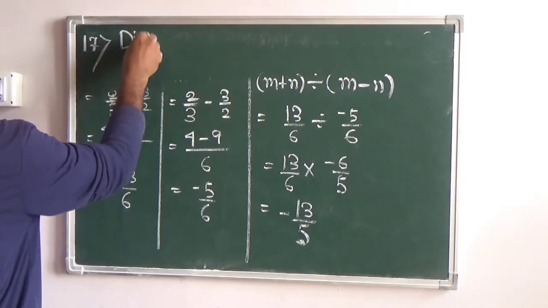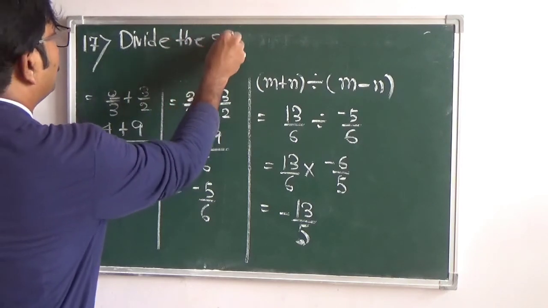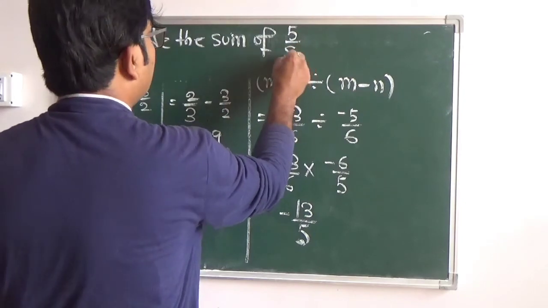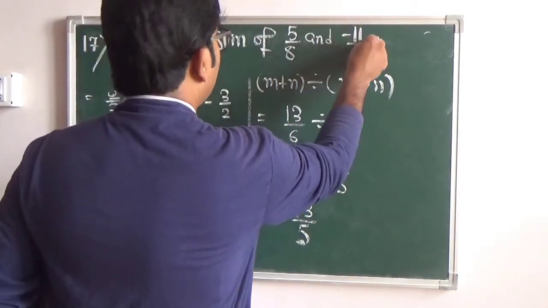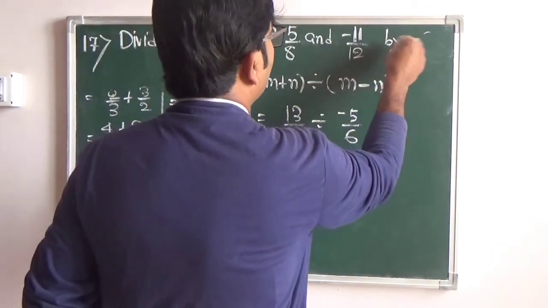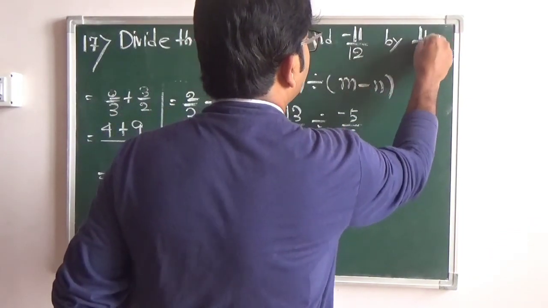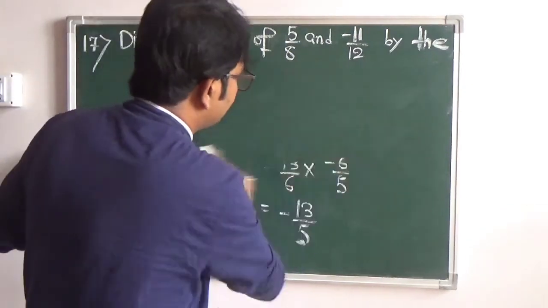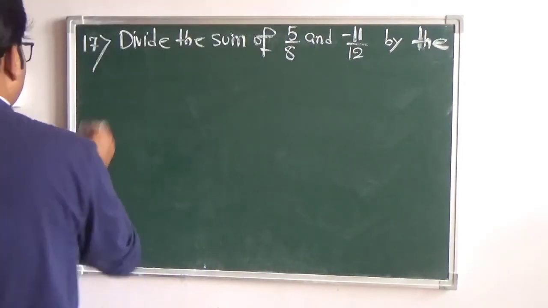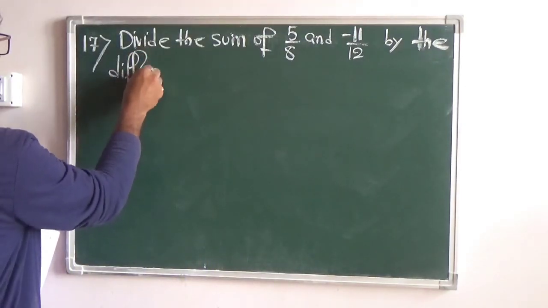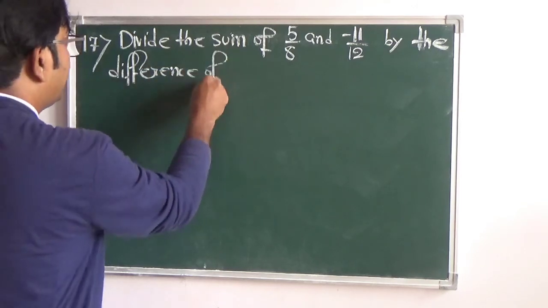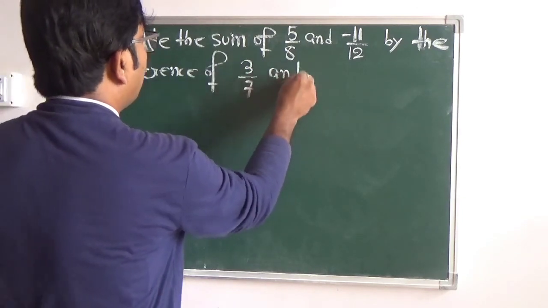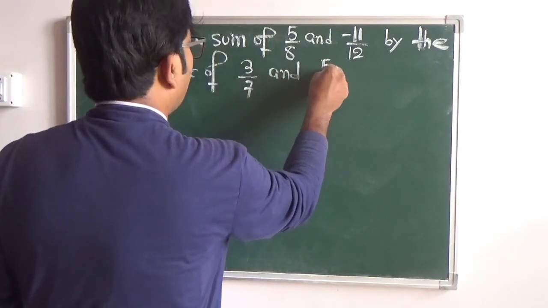Divide the sum of 5 by 8 and minus 11 by 12 by the difference of 3 by 7 and 5 by 14.